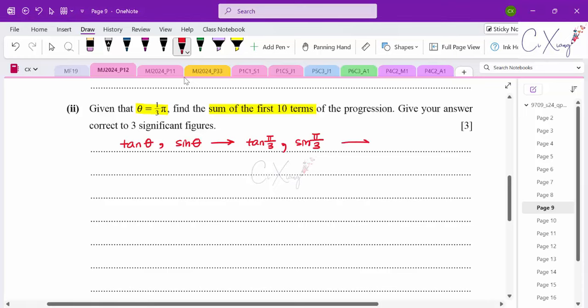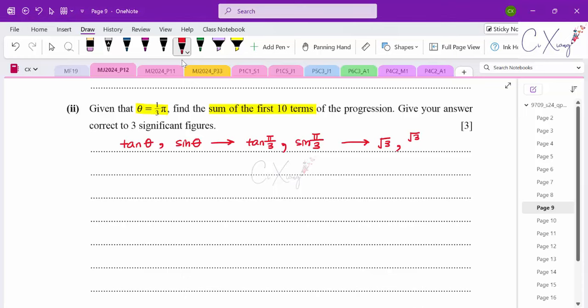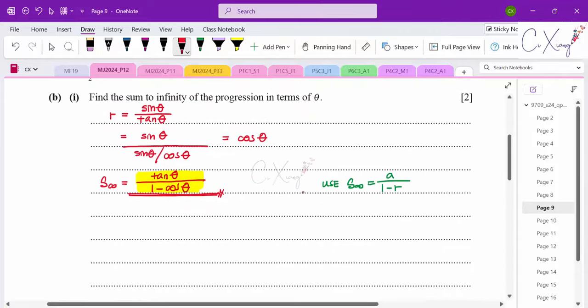If you convert into the value, tangent pi over 3 will give you square root 3. First term is square root 3. Then the second term is sine pi over 3. Sine 60 degrees, you have square root 3 over 2. Sorry, did I substitute wrongly?